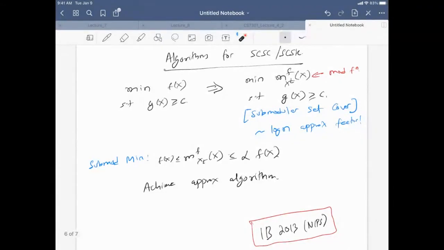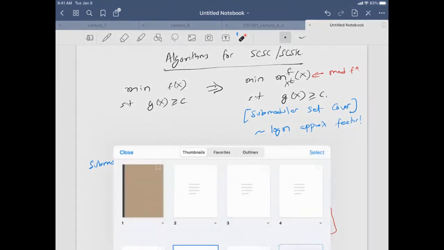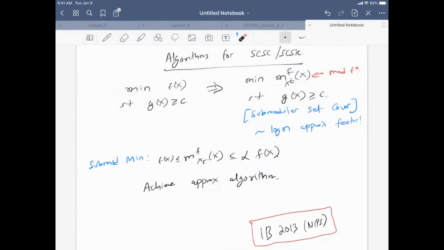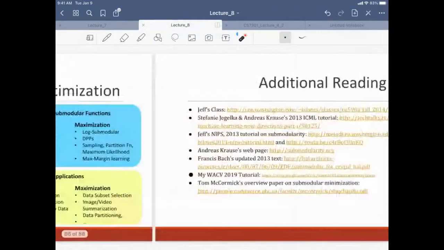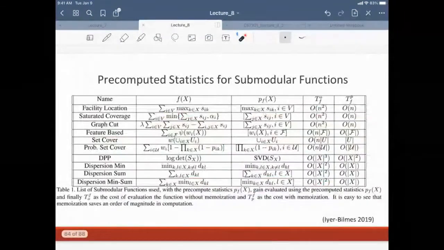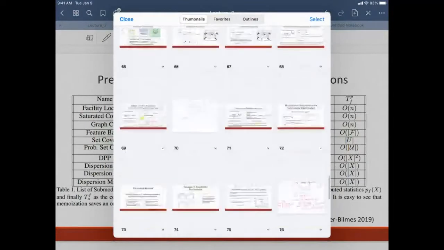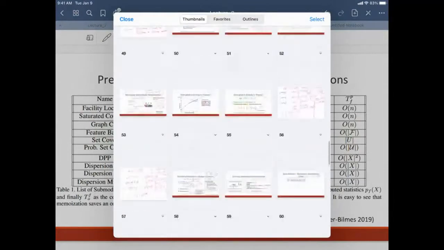Okay, and there was a question where you asked about where we saw the submodular set cover. Particularly, what slide was it again, where the submodular set cover was a specific instantiation of something else? Which one was that again? Yeah, so the submodular set cover is this one, right?